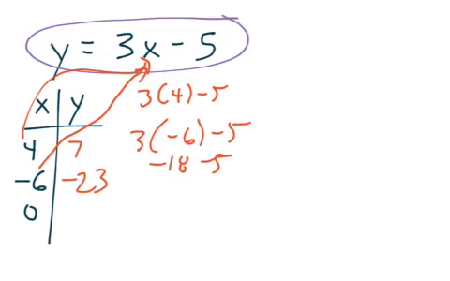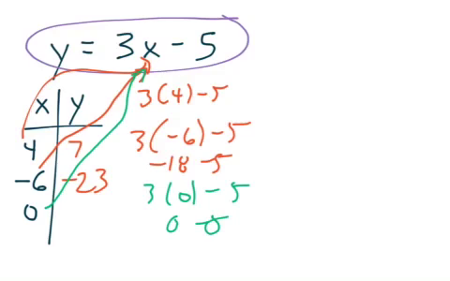And of course, if we put in the 0, let me change colors here so it stands out. We're going to get 3 times 0 minus 5, and 0 minus 5 is, of course, negative 5, isn't it? So we complete a table.